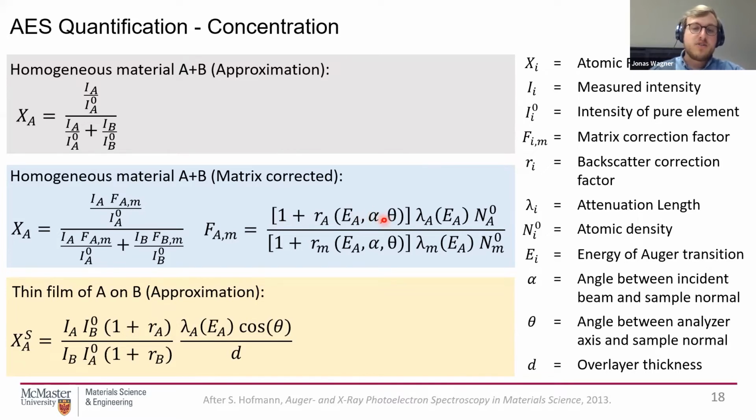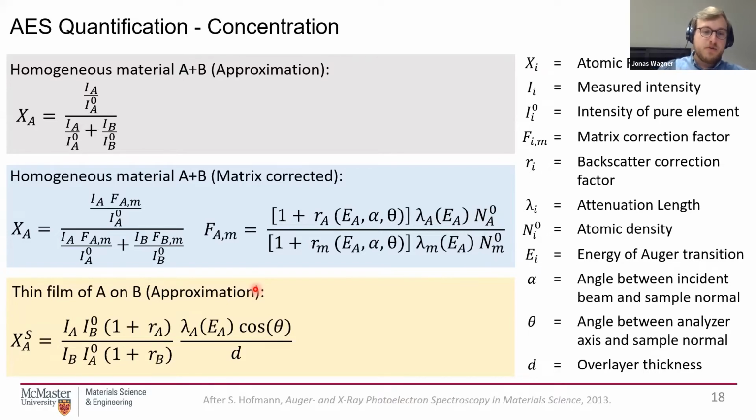That takes into account that the Auger electrons are not only generated by a primary beam penetrating the sample, but also by the backscattered electrons on the way out. We have a different attenuation length, related to the inelastic mean free path, and also a different atomic density. Now, if we look at thin films, things get even more complicated. Here, this is just a very rough approximation. There are other equations probably filling the whole page.